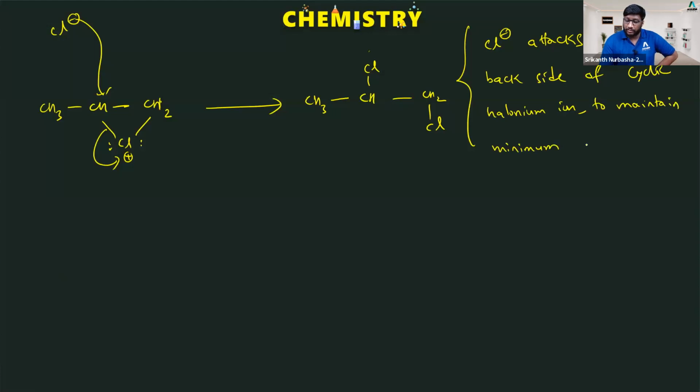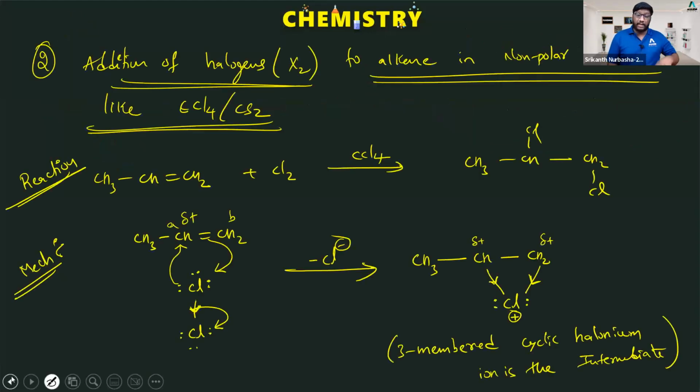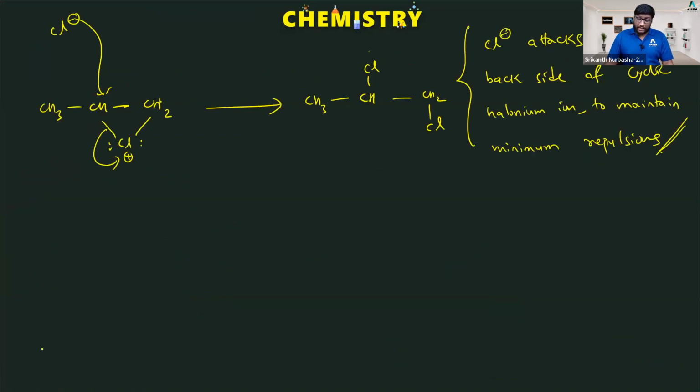Everyone understood this or not? Yes, sir. Mechanisms are very interesting cases. You have to understand this carefully. So this is nothing but your mechanistic approach where you get the respective dihalogenated compounds. Now the case is again, we have to go with the shortcut.